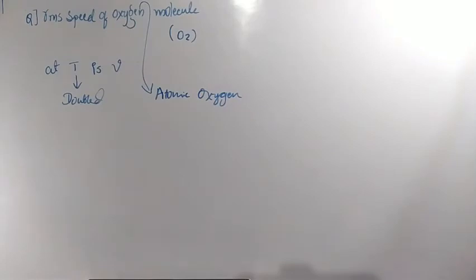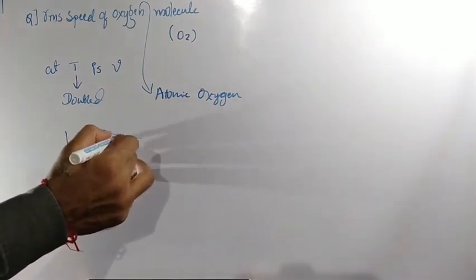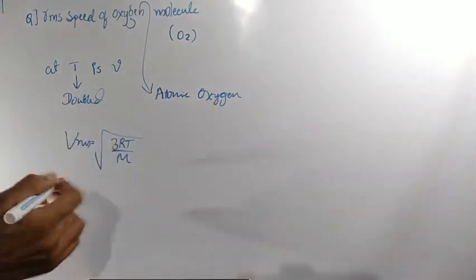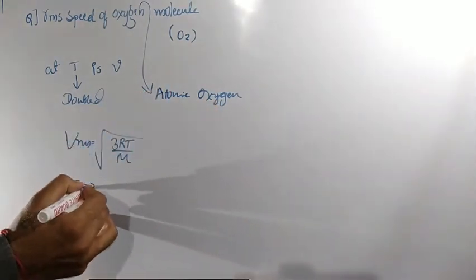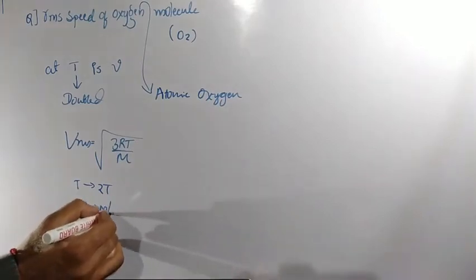So we know that VRMS value is nothing but root of 3RT divided by M. Correct, no? Now, when the new temperature is equal to 2 times the initial temperature, then what will happen to M? M will become M divided by 2, which is nothing but atomic oxygen. So when T becomes 2 times T, M becomes M by 2.